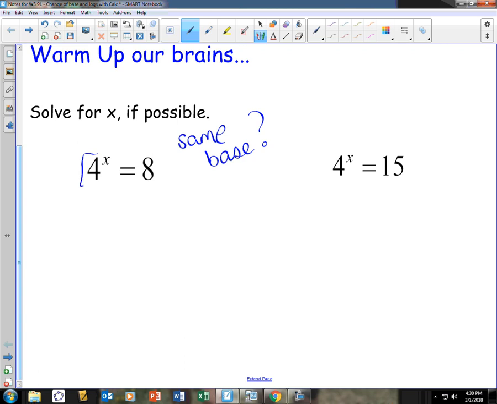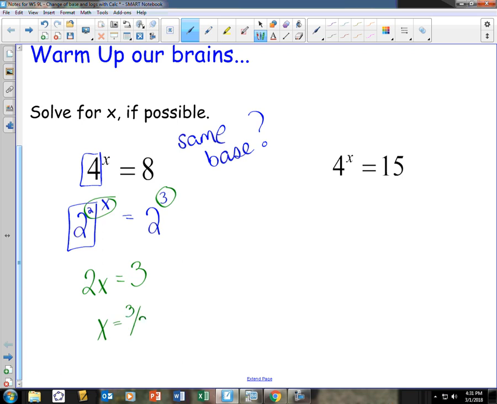The 4 is the same as 2 squared, raised to the power of x, and 8 is the same as 2 to the third. That is going to give me 2x equals 3, and therefore x is 3/2. So yay, I was able to solve this problem just using my exponent properties.